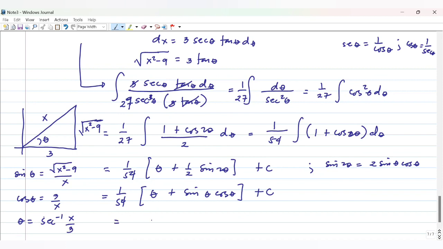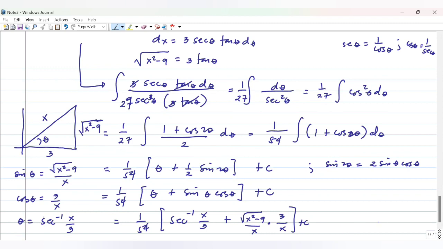So finally, our answer should be 1 over 54 times, theta is the arcsecant of x over 3, plus the square root of x squared minus 9 over x, and then the other one is 3 over x, plus c.